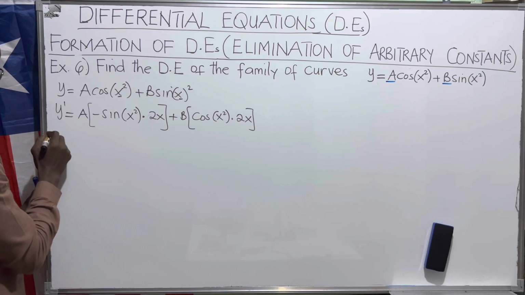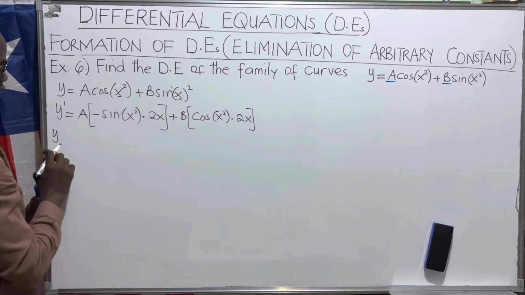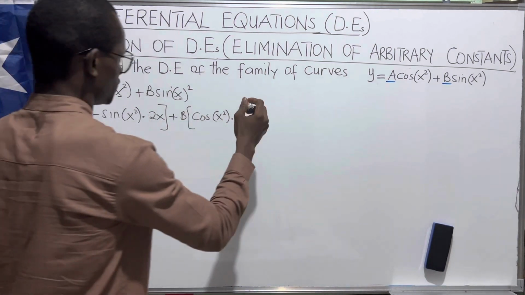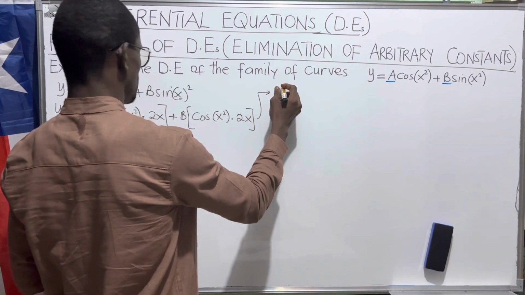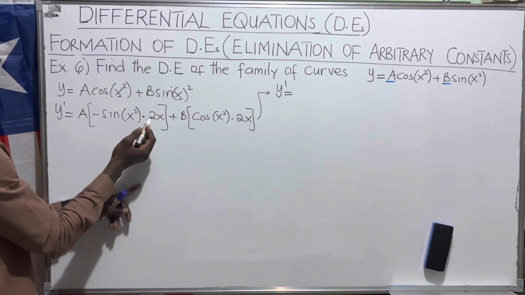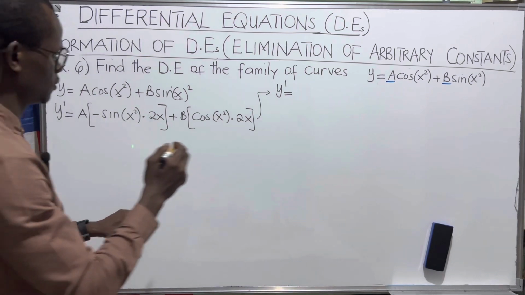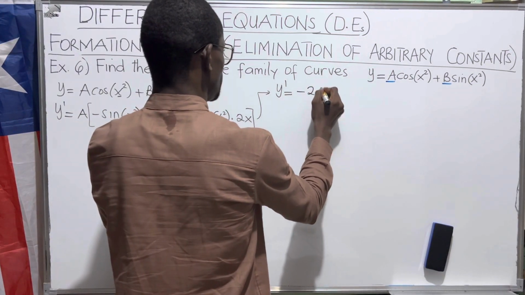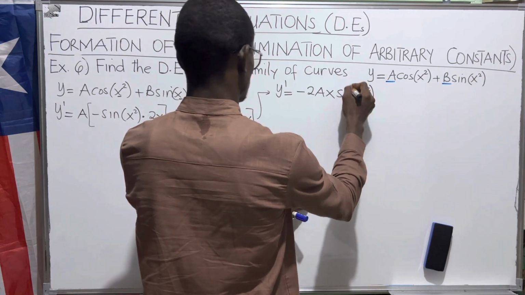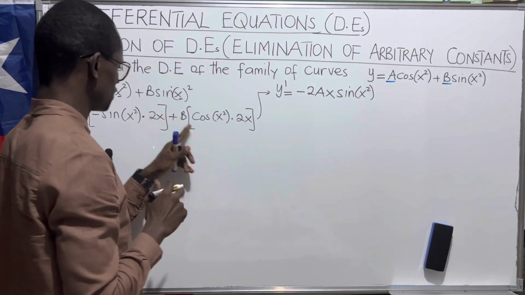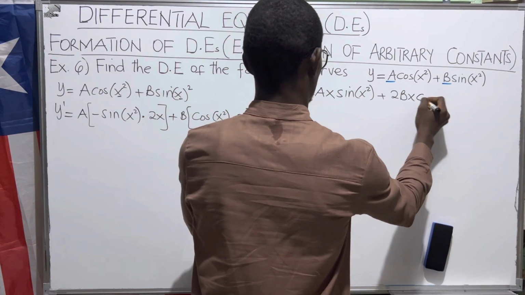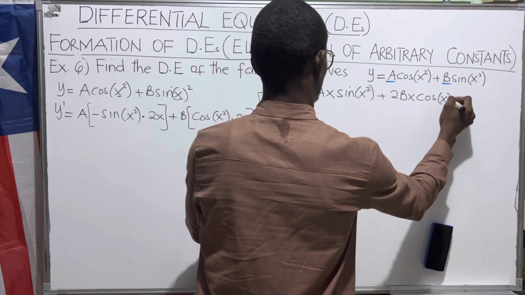Now we can simplify it further. So we have y prime equals negative 2ax sine of x squared plus a positive 2bx cos of x squared.